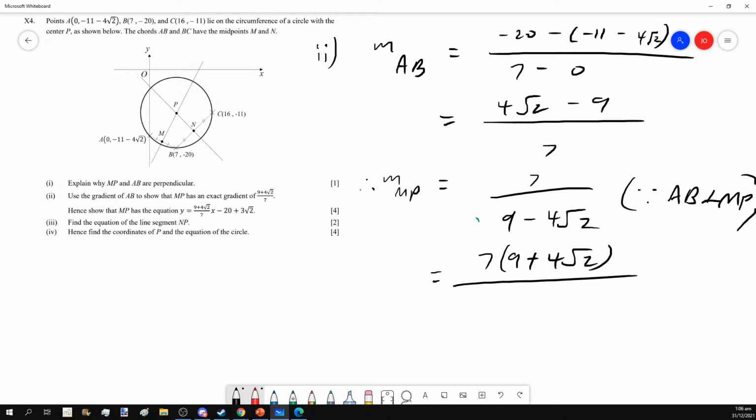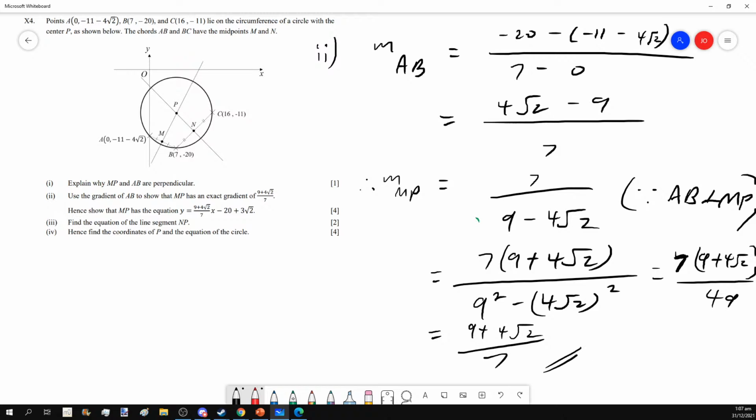The denominator will hence turn into a squared minus b squared, and over here we will go on to realize that, hey, this denominator actually turns into a nice number. It turns into 49. So I can cancel the numerator and the denominator, and this gives us 9 plus 4 root 2 over 7, which is what we wanted to show in the first place, QED.